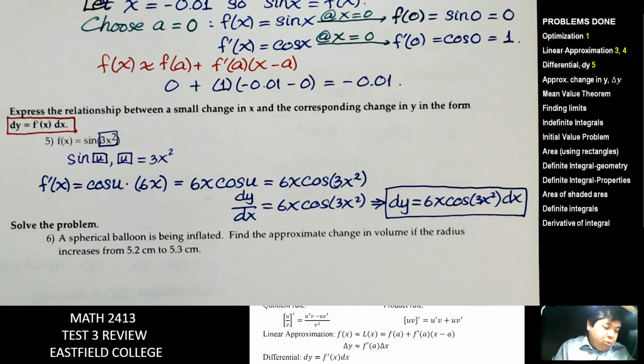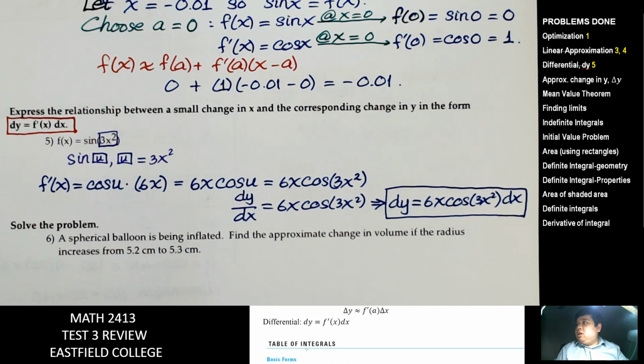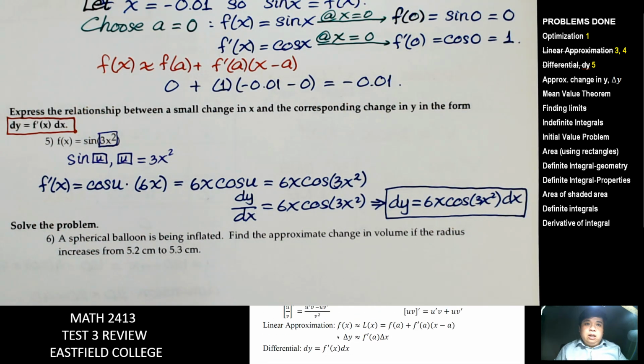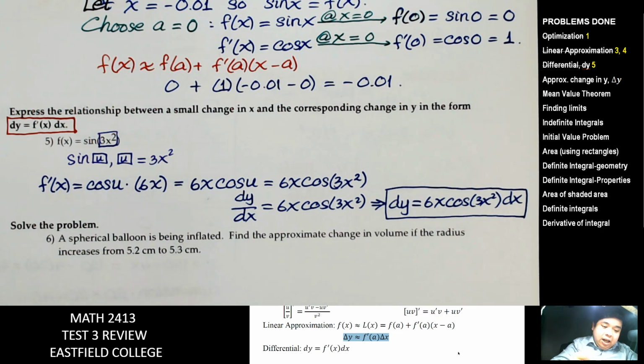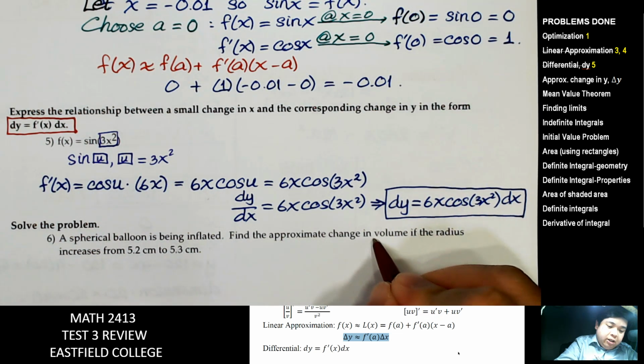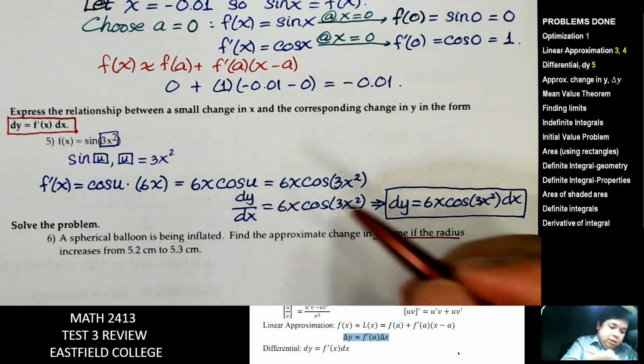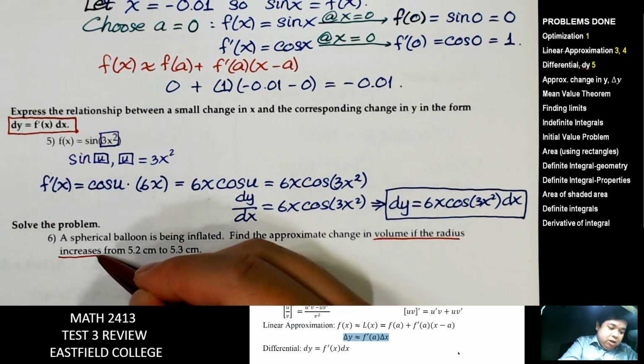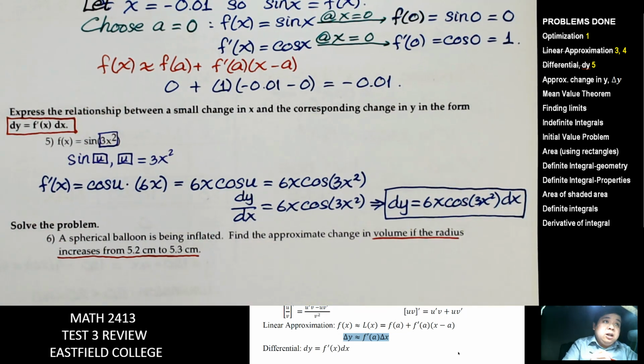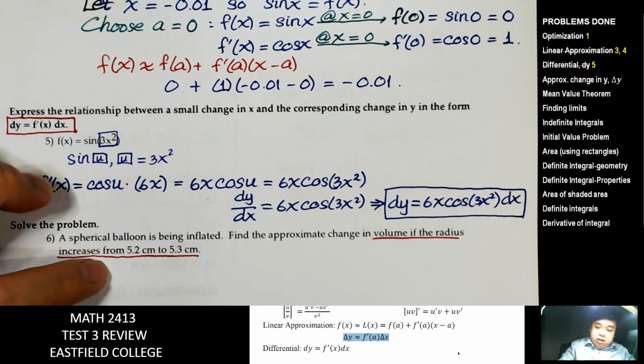Next, we do approximation of the change in y, the delta y. Again, the formula is on that side. We should be talking about this one. Right. So first of all, we look at the problem. We see that this is the volume of a sphere. If the radius increases from that to that, so when it is increasing, this will be the x value.